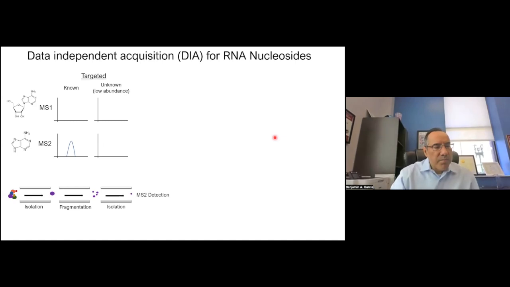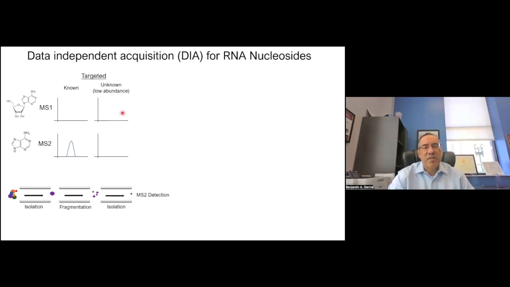We've also been putting a lot of effort into creating data-independent acquisition for RNA mononucleosides. I think everybody knows about targeted approaches, where whether you see the molecule or not, you can still trigger MS2 and quantify at the MS2 level. So a lot of MRM type of work. If something is unknown or low abundant, that might be harder to see, or you wouldn't even know what to look for.